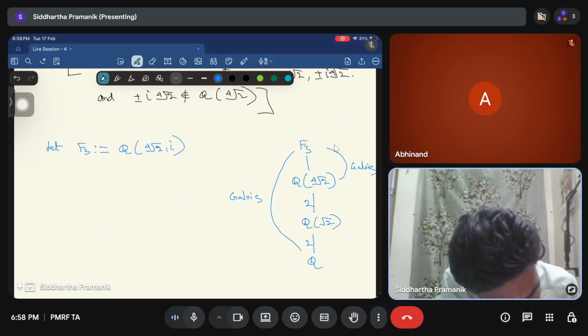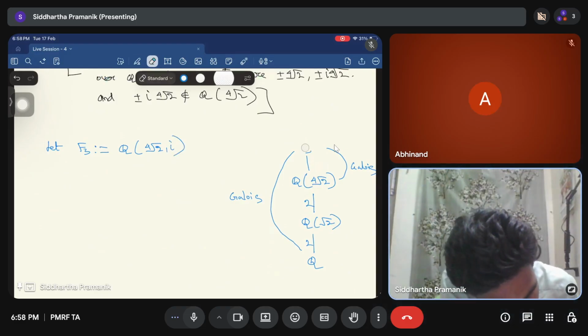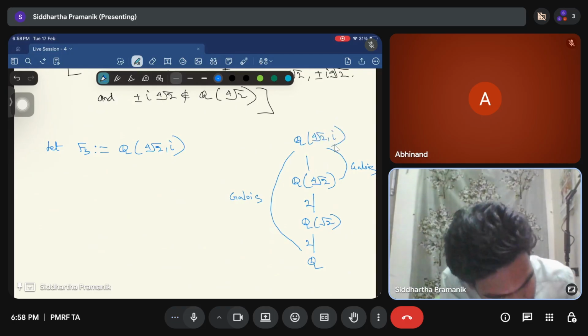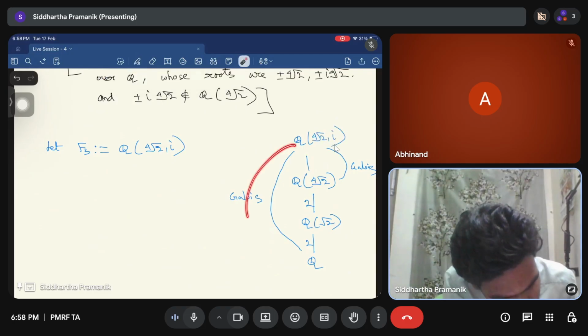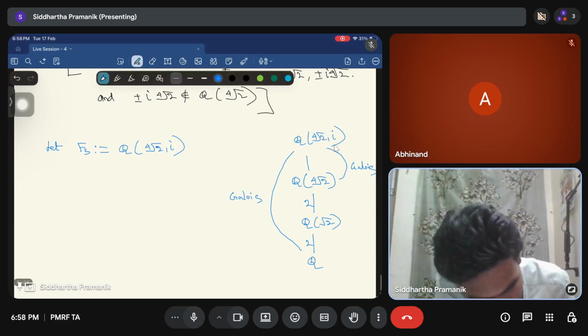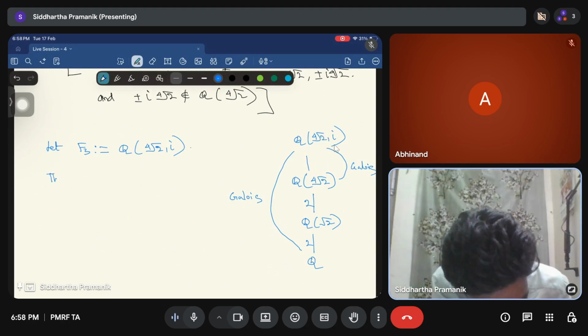So then it will be a degree 2 extension. So it has to be Galois. And this has to be Galois because this is the splitting field of x power 4 minus 2. Okay, then F3 over F2 is clearly Galois because its degree is 2.